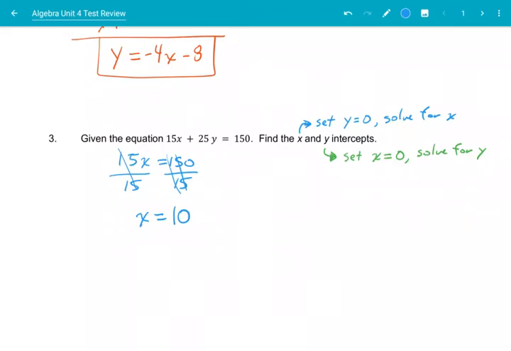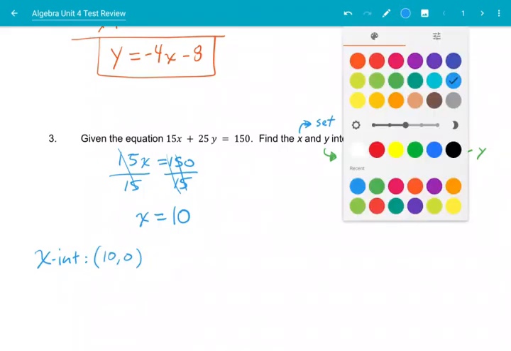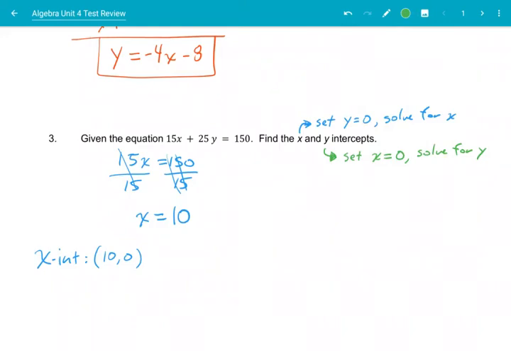That is the x-intercept. We need to write it as a point. So the x-intercept is 10, 0. And then switch over to green. Let's do the y-intercept. So 15 times 0 is 0, and we have 25y equals 150. That means divide by 25.